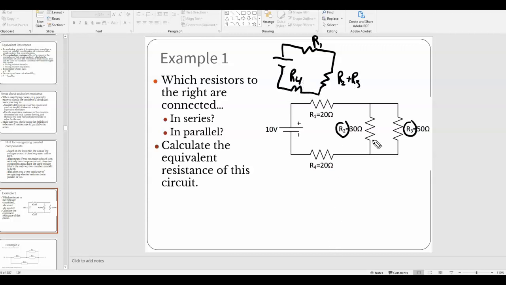Okay, so my first step is basically to combine R2 and R3 and simplify it down to this. Now, to add R2 plus R3, I need to add them in parallel. So I need to do 1 over REQ equals 1 over 30 plus 1 over 50.